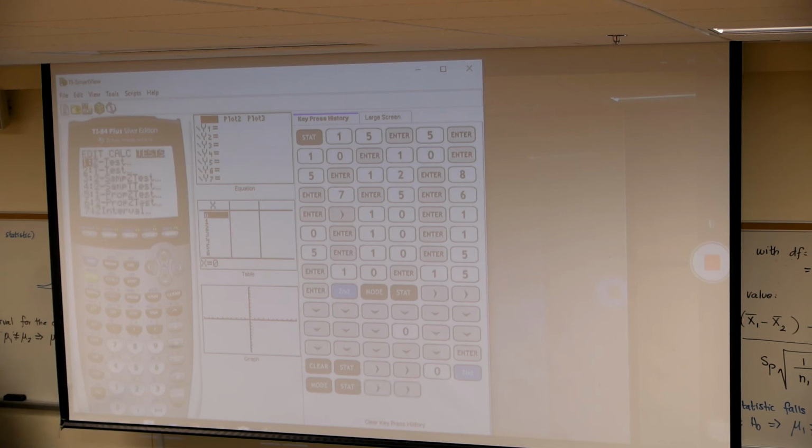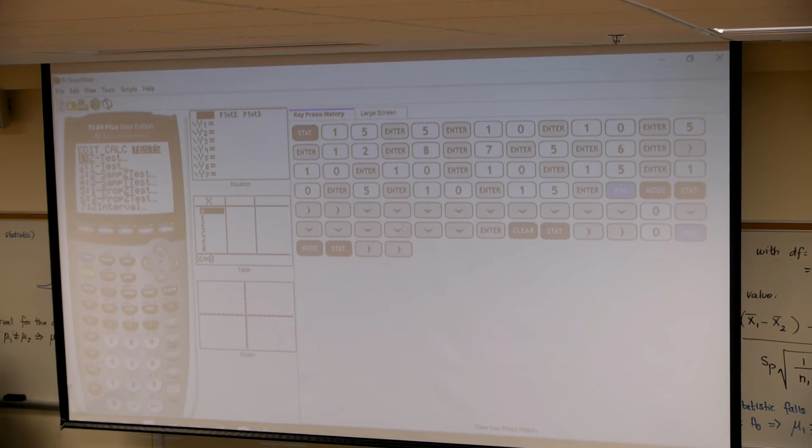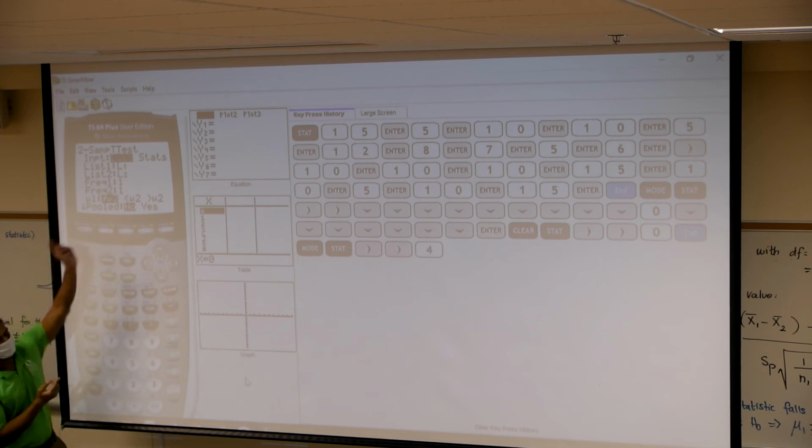So look at all the options 1 through 7, and which one should we pick if I have to perform a test? Number 4. Right? So we have the data, and the test that we're trying to test is mu1 not equal to mu2. So everything is fine.